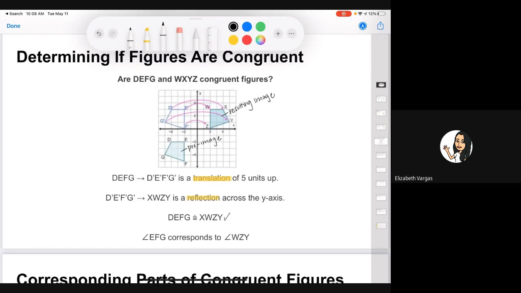Okay. So if all the types of transformations that are applied are rigid transformations, then my resulting image would in fact be congruent to my beginning image. Okay, questions about this?